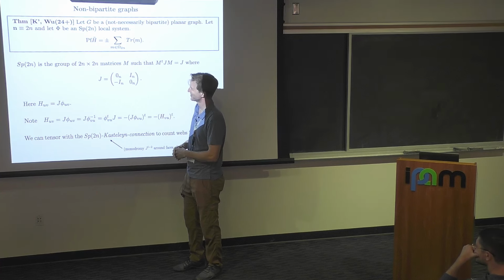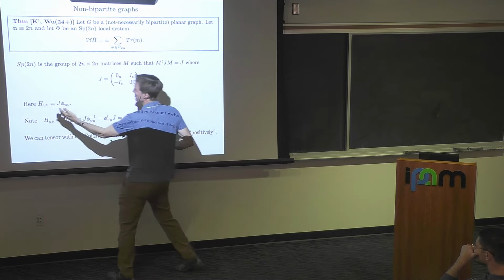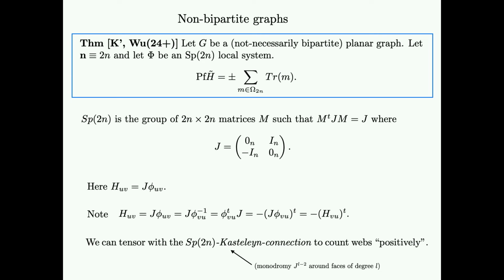I'm starting to be stressed for time. That's why I'm not speaking coherently. But what you do is you take the adjacency matrix with the phi's in place, and you multiply every entry in the matrix by j on the left, where j is the matrix of the symplectic form.